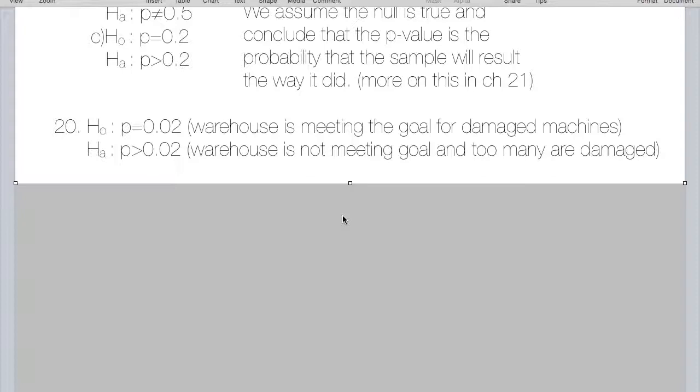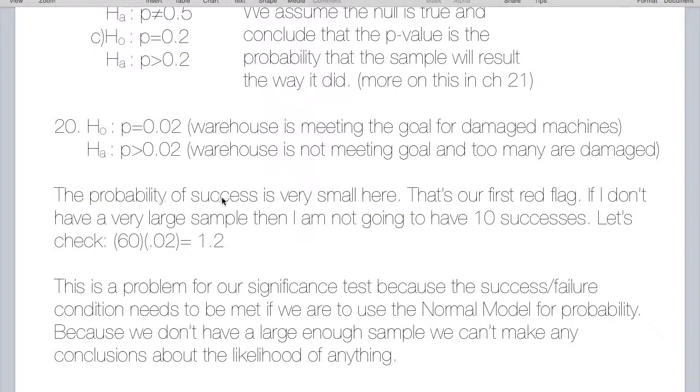And so if you look at this question and you actually do the test, you could be misled. Here is an example of why we have to check our assumptions and conditions. First of all, your first clue that there's something potentially bad is that the probability of success is very small. It's only 2%.